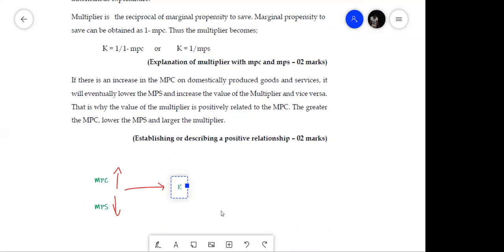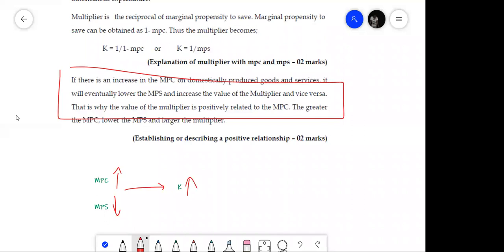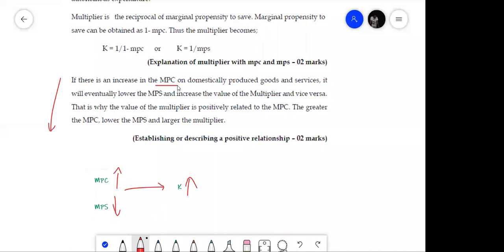I would have shown you how it affects national income and all of that. So that story is what they are writing in a box here, guys. The same story, they're putting it in a box. They are saying, if there's an increase in MPC, it will lower MPS, that we know, and it will increase the value of the multiplier and vice versa. So that is why there is a positive relationship. It's a very simple thing. But if you are logically trying to explain, MPC increasing means people are now spending more money, from the increase in income, they're spending a higher portion on that.